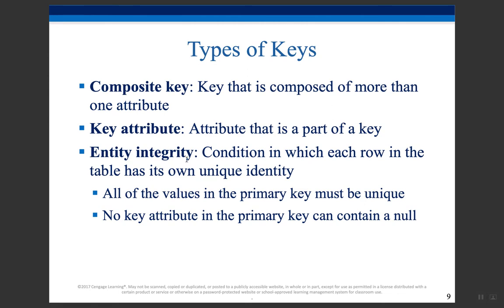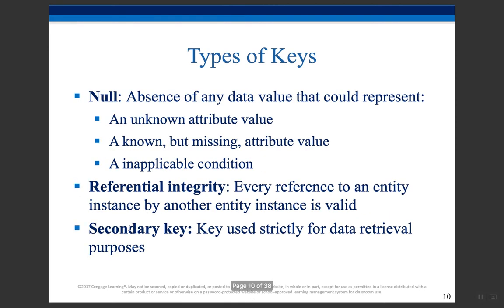All values in the key must be unique, and no key attribute can contain a null. The reason for this is the mathematical basis: we have to make sure that every row has a unique key. This is just some of the terminology we use around it.